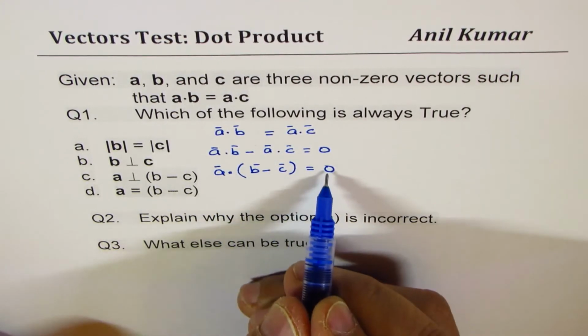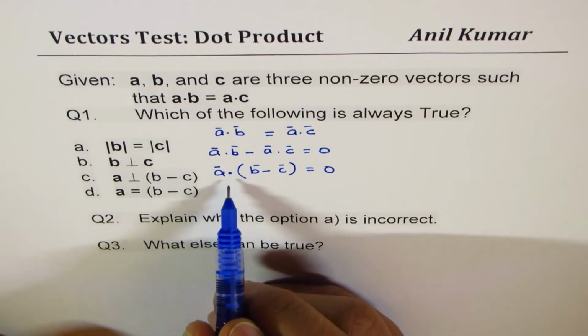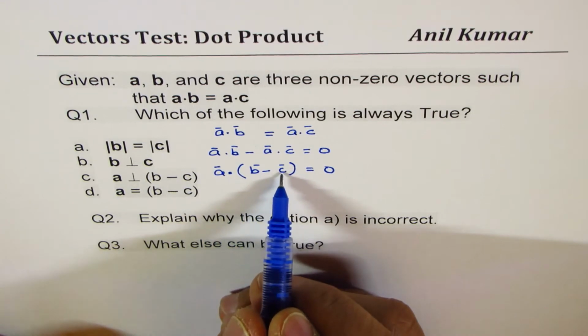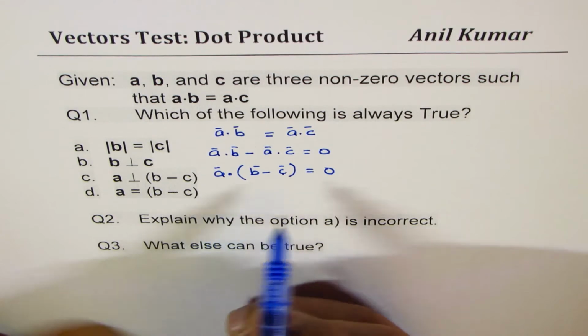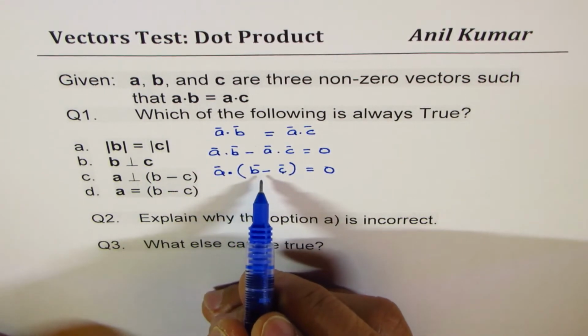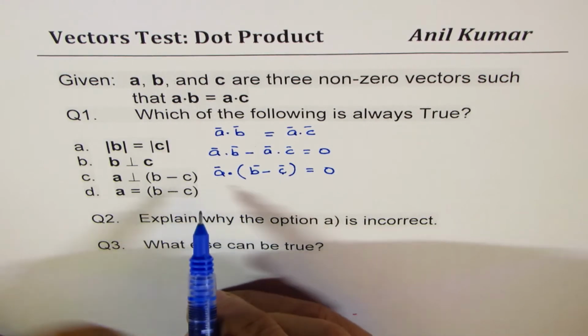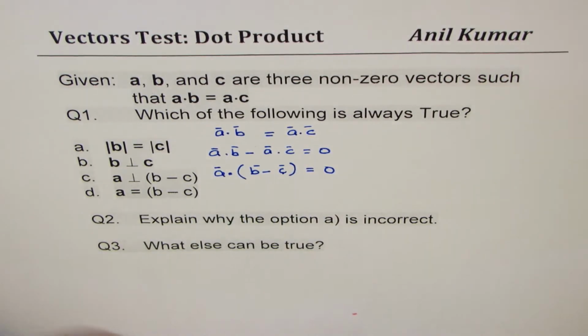Now that is 0 if A is 0, but A is non-zero, so it cannot be, or B minus C is 0, correct? But we are not given that option here. The option which we are given is A is perpendicular to B minus C. Does that make sense?